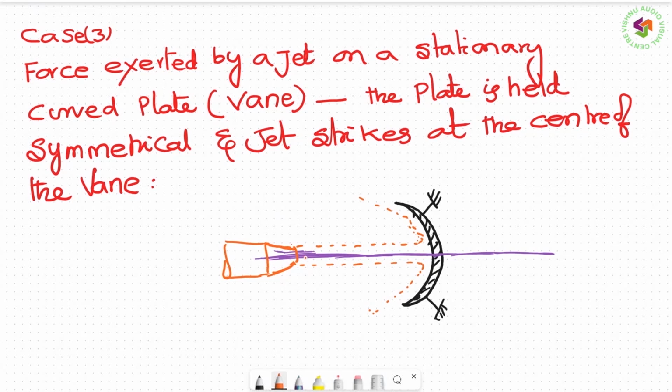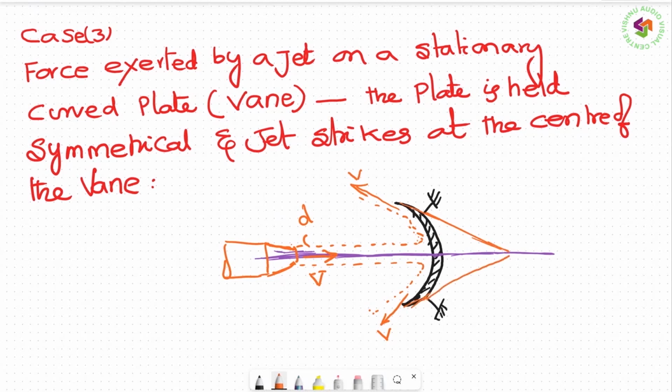If I take V as the initial velocity and D as the diameter of the jet, after striking it, it leaves like this, tangential to the tip of the vane.